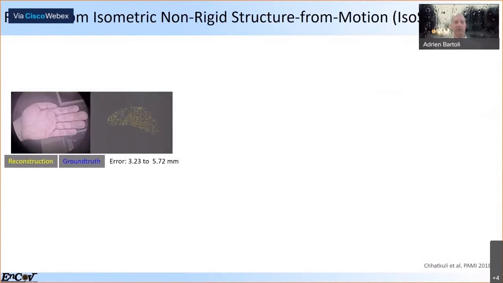Here you can see this hand, a video of this hand bending, and on the right hand side the point cloud that we obtained for this hand, superimposed with ground truth in blue for the last frame. So we obtained this ground truth just for the last frame because we had to use another sensor for it. You can see the video again.